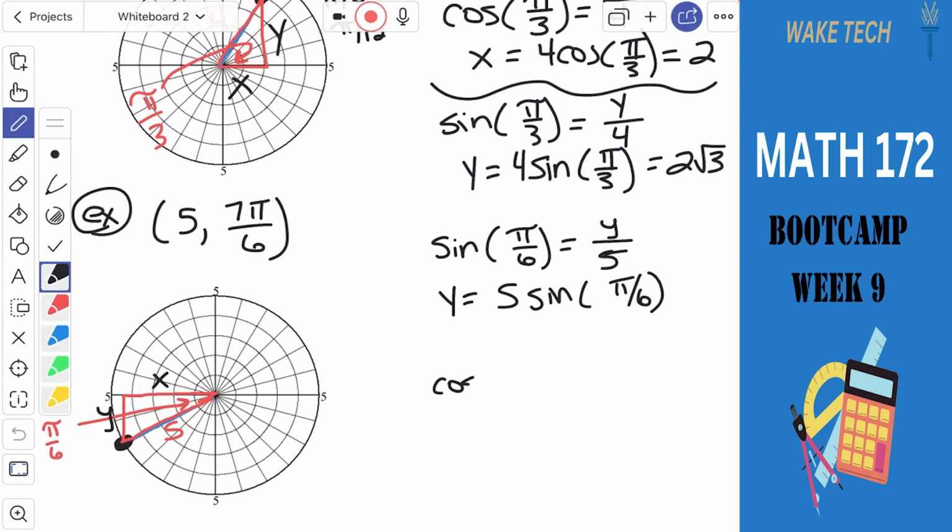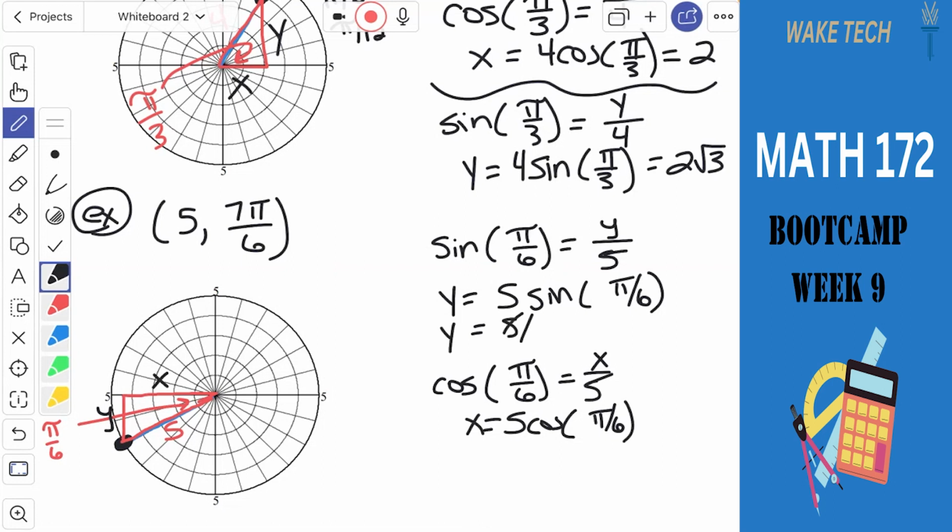Cosine of pi over 6 is equal to x over 5, which means x is equal to 5 cosine pi over 6. Sine of pi over 6 is a half, so y is equal to 5 halves. Cosine of pi over 6 is the square root of 3 over 2, so x is equal to 5 times the square root of 3 over 2.